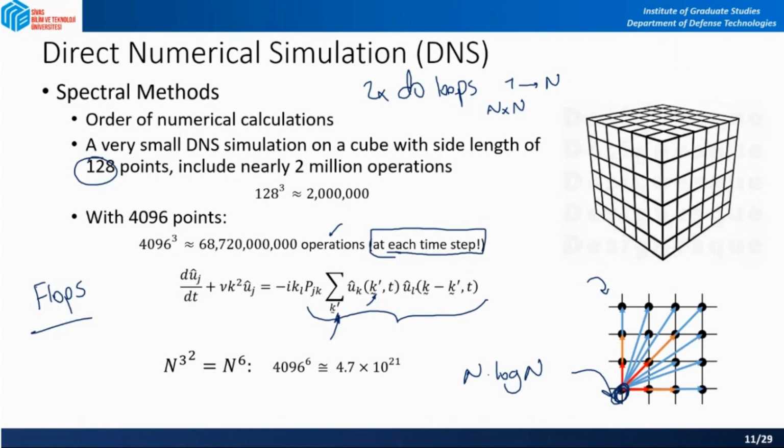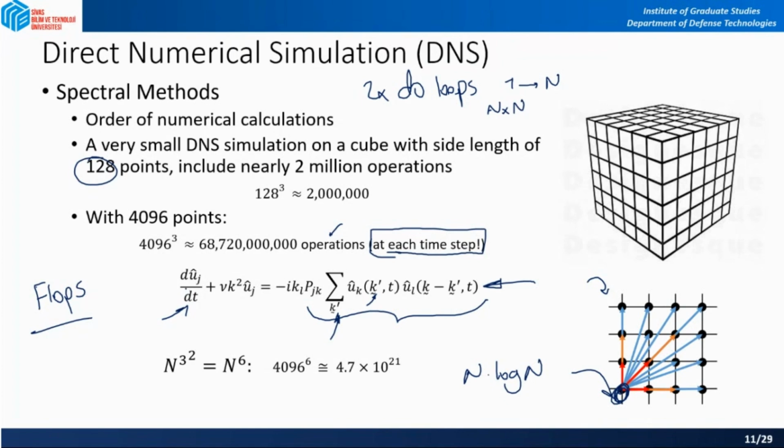So this equation that we talk about is a set of ordinary differential equations, but still, as Osman said, we have this delta t or dt, and we still need to integrate this in time. And it must be small enough to resolve the time scales of the smallest structures.